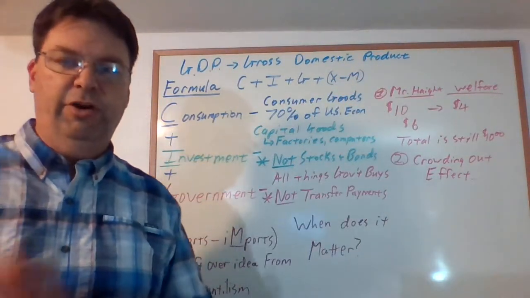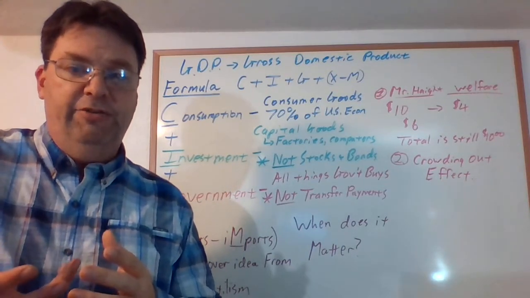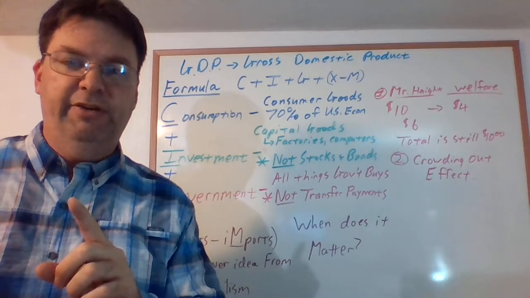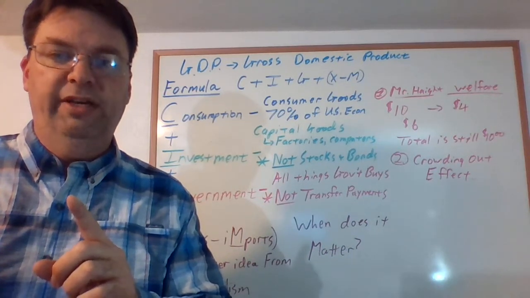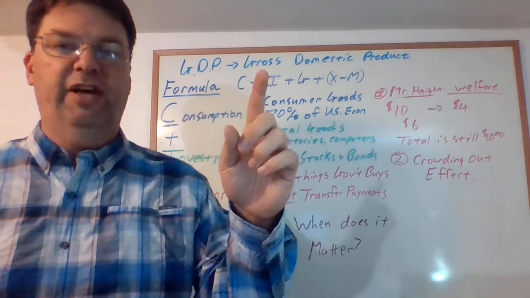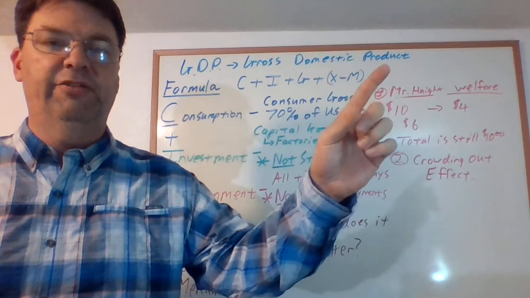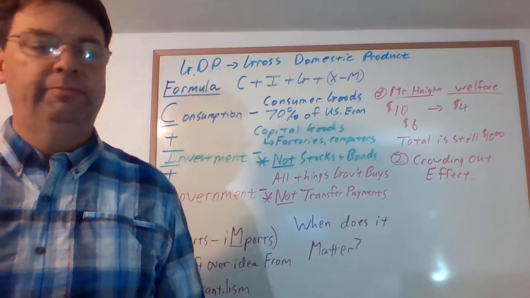So what is the total amount of stuff that we make inside our country? And what you want to put down is it's in 1 year. Okay? It's in 1 year's time. So what do we do in 1 year's time? How much stuff? What's the total that we make inside our country in 1 year? That is gross domestic product.